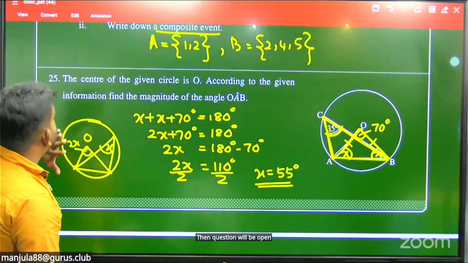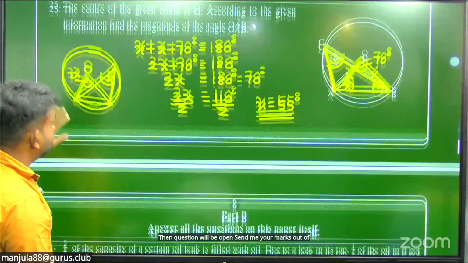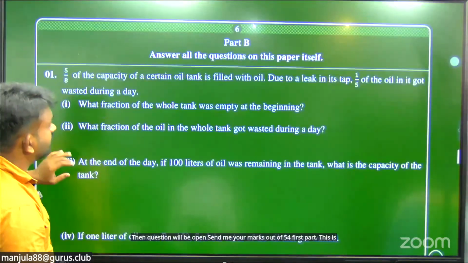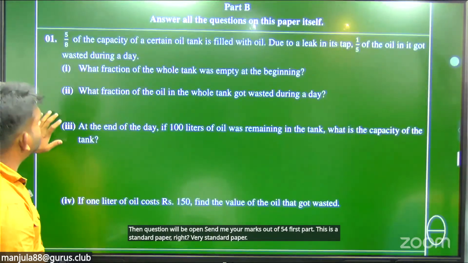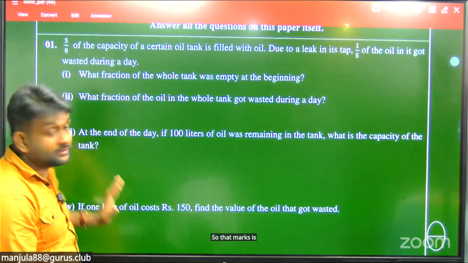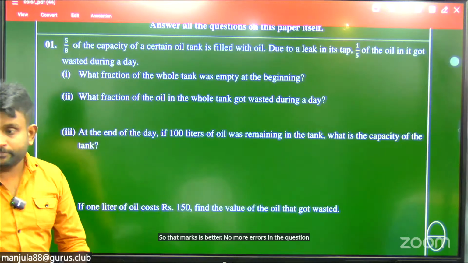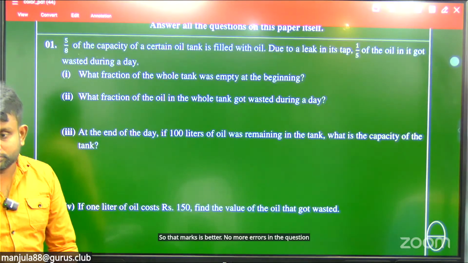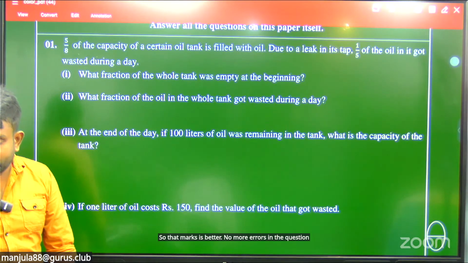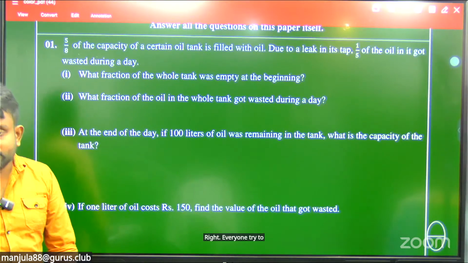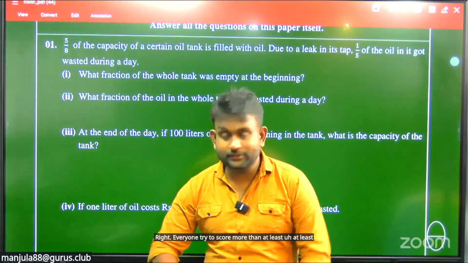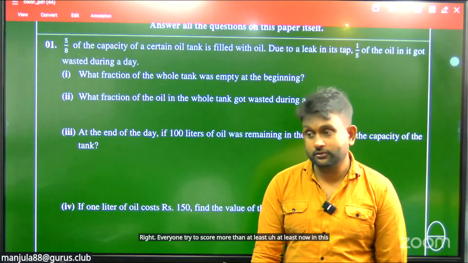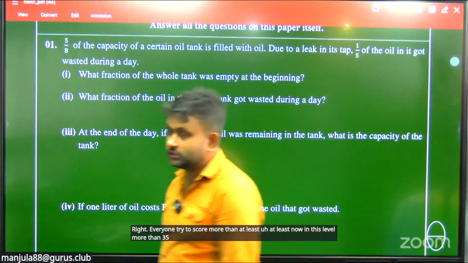Right, send me your marks out of 50 for the first part. This is a standard paper, very standard paper. So the marks are better, no more errors in the question. Everyone try to score more than at least 35 at this level, more than 30, 35.